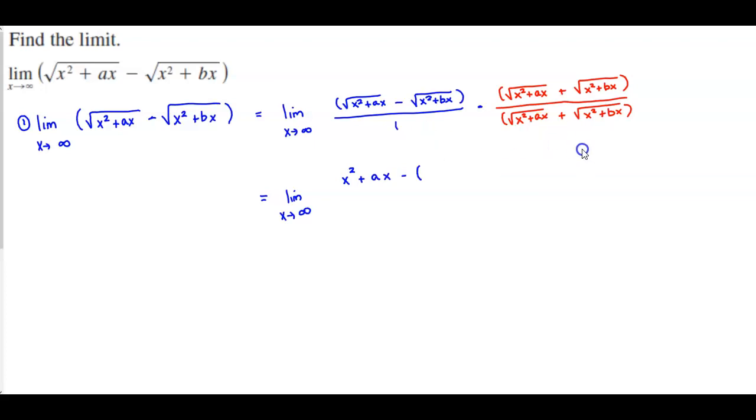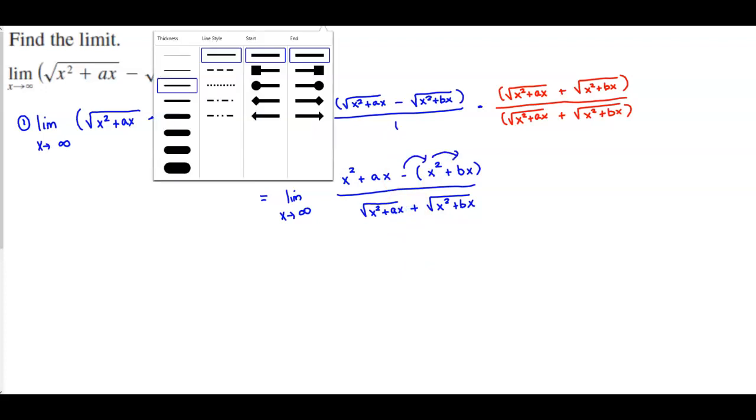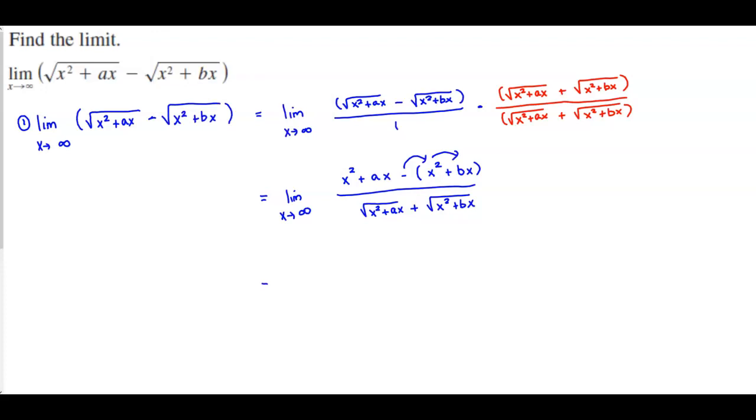plus bx times the square root of x squared plus bx. So we have x squared plus bx divided by the square root of x squared plus ax plus the square root of x squared plus bx, because we're multiplying that by 1. Okay, now if we distribute the sign to both of these terms, then what do we have left in our numerator in the next step?